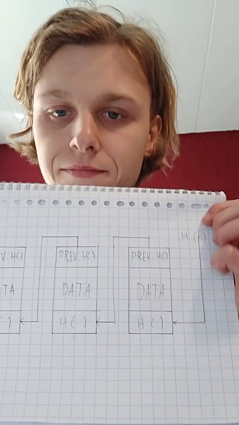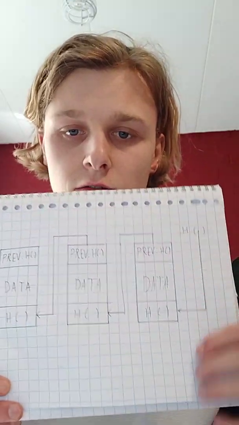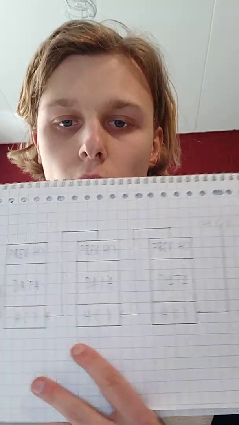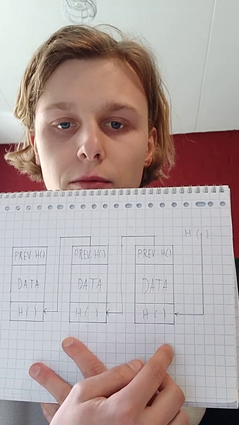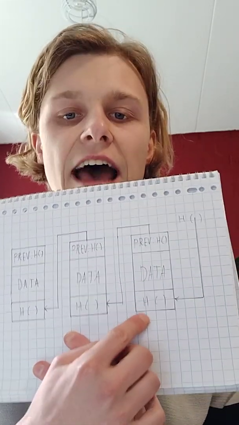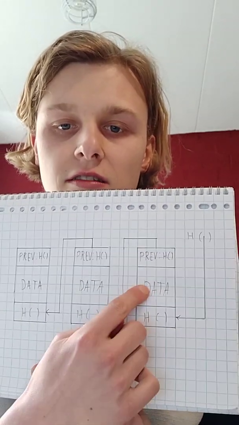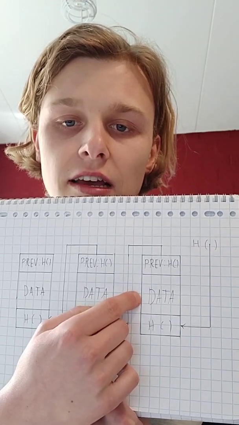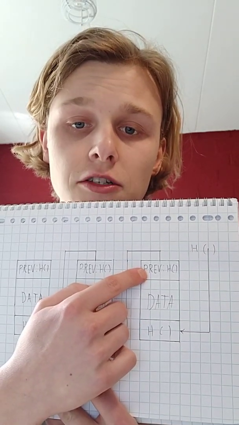To further illustrate what we can do with hash pointers, we can use them in all kinds of data structures. We can build data structures around it, and I have drawn this one. This is the blockchain data structure, and I'm going to walk through it and how it works with data points. So this is the hash. The hash consists of the combination of this data and the previous hash.